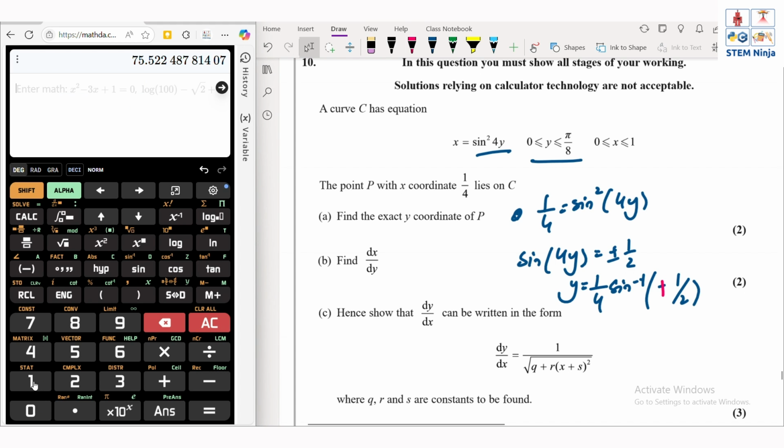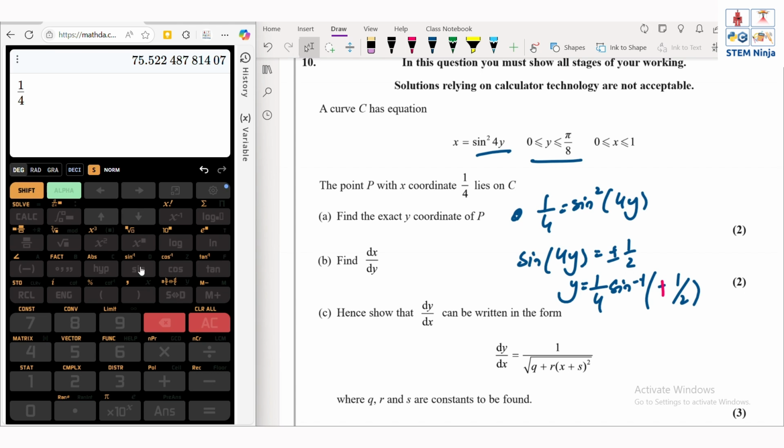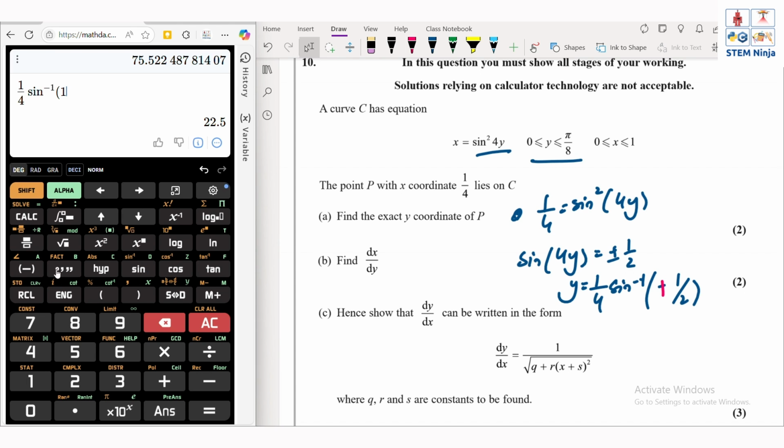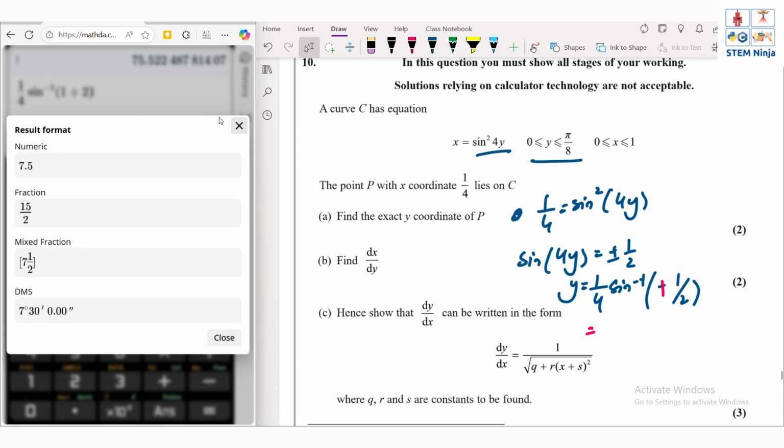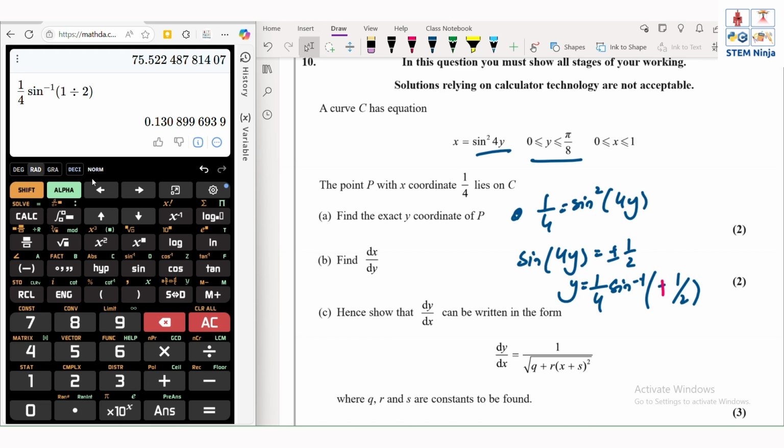So 1 divided by 4 times sine inverse of 1 over 2, that's 30 degrees. Oh wait, I forgot, this is in radians.